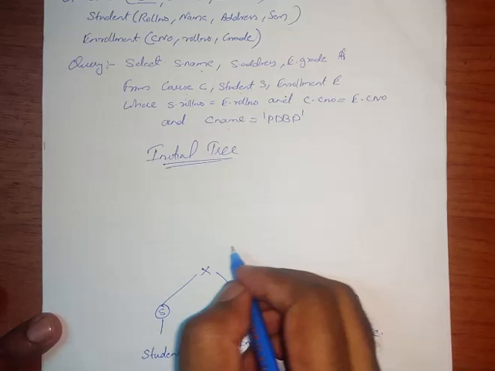In any order you can start. Here I start from student, enrollment and course. Next you can also start as enrollment, course and student. There is no rule for the order.